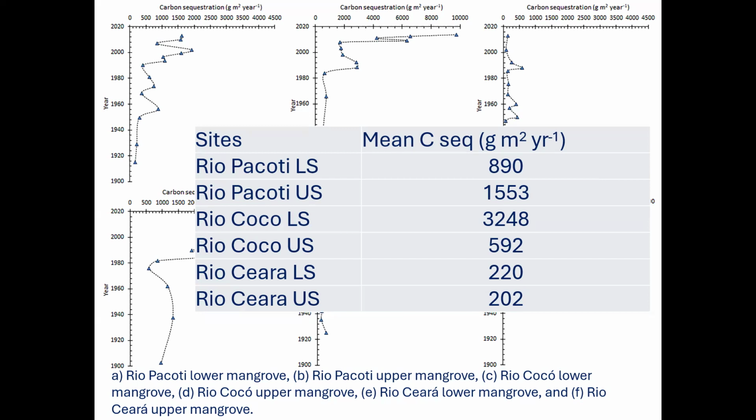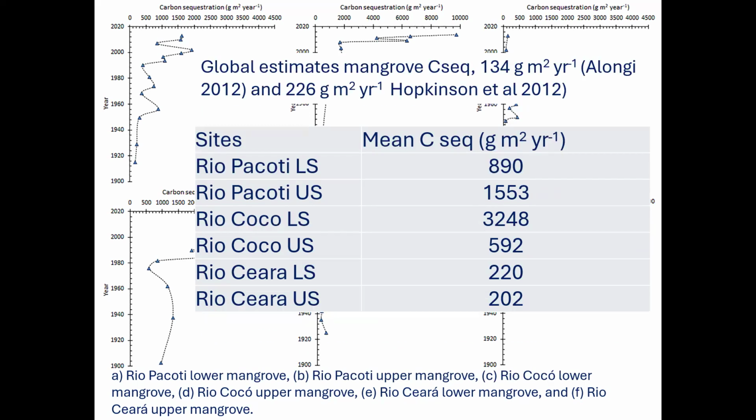How does that compare with global estimates? Alongi did an assessment of mangrove carbon sequestration in 2012. Hopkinson did a similar one in the same year, and got slightly different values based on the data he was assessing. But you can see it's between about 134 and 226 grams per meter squared per year, which fits within that boundary.